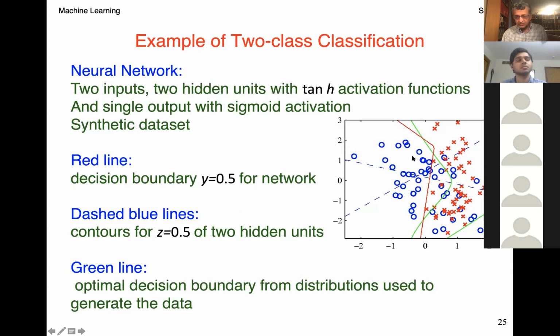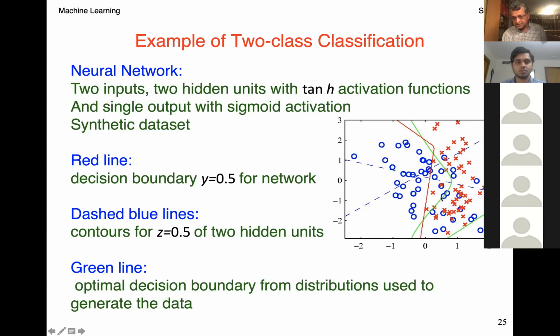The blue points were generated from a normal distribution, or some distribution was used to generate them. The reds were generated with another distribution. If you know the 2 probability distributions, one can directly plug them into Bayes' rule and figure out at what values the a posteriori probabilities of the 2 classes are the same, P of C1 equal to P of C2 equal to 1/2. That optimal boundary is the green line.